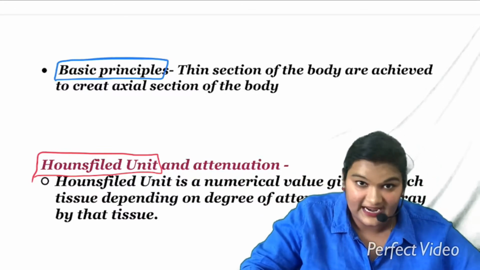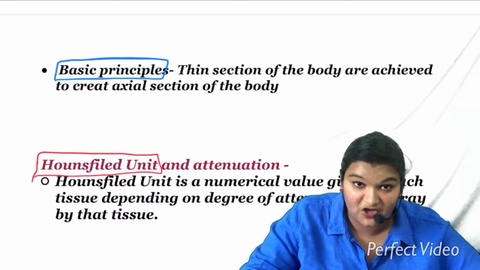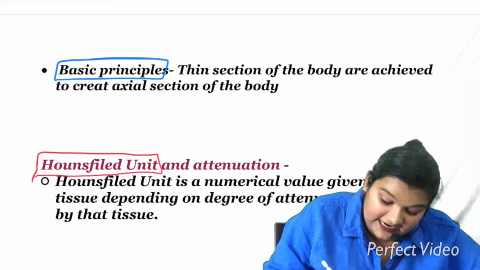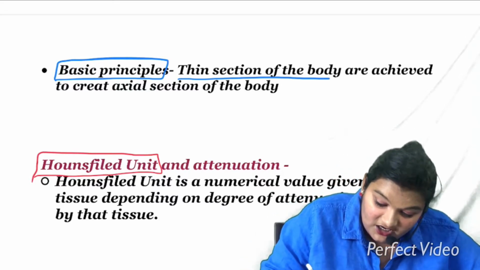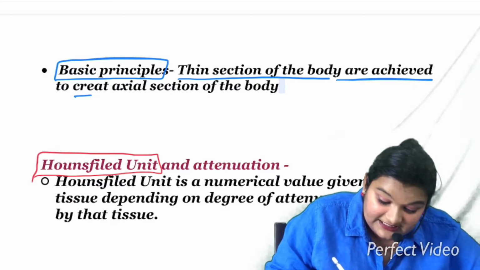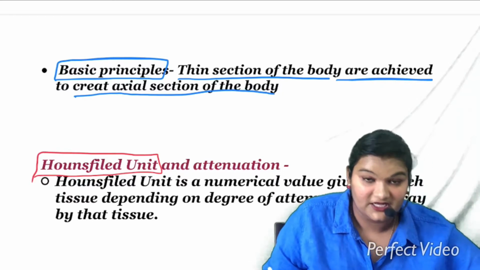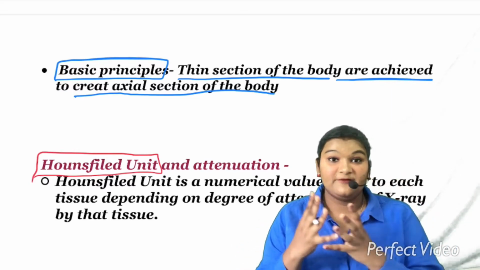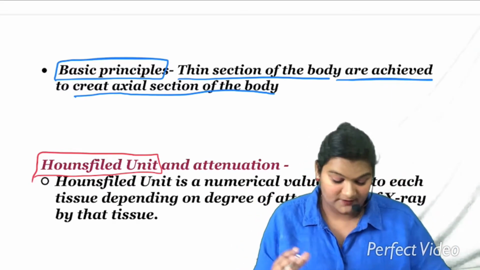I have explained that in detail in the working of CT scan, but let us go through it for completeness' sake. That is, thin sections of the body are achieved and put together to get a proper axial section of the body.